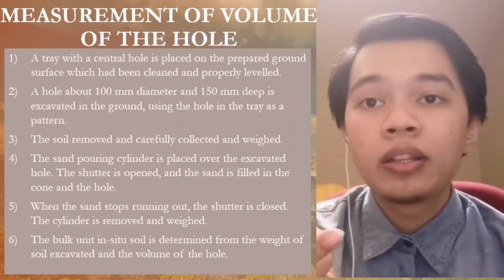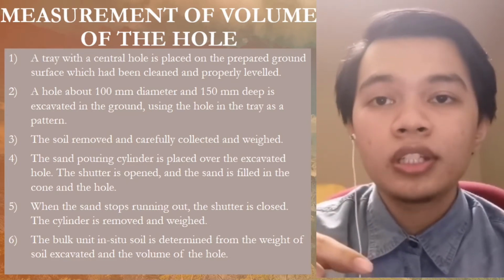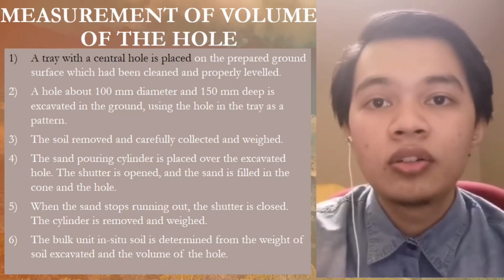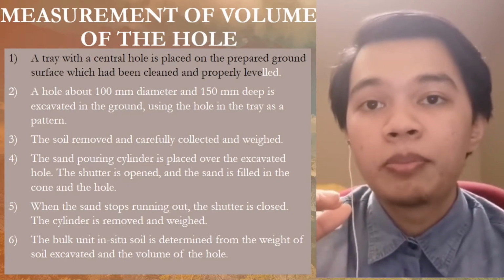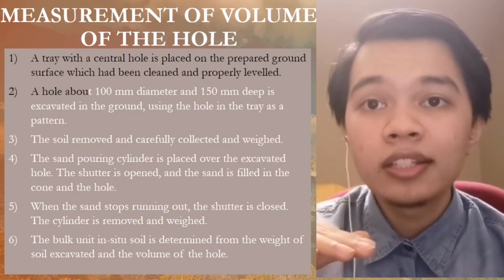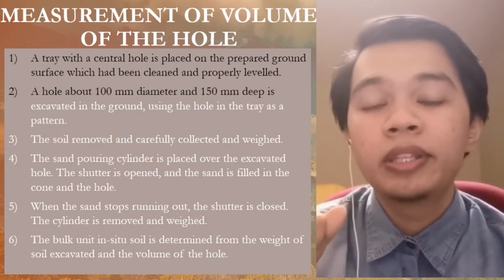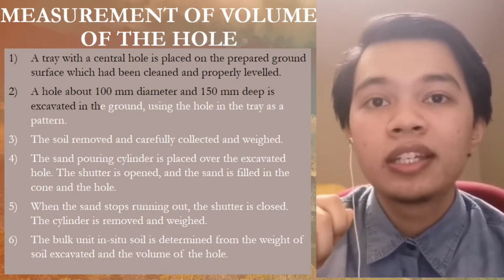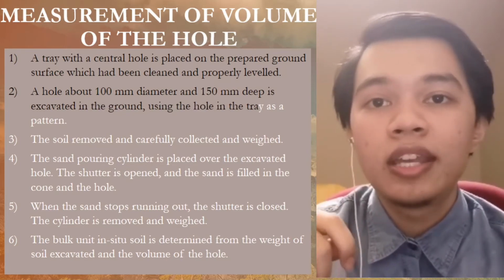Okay, part 2 is measurement of the volume of the hole. First, a tray with a center hole is placed on the prepared ground surface, which is clean and properly leveled. Next, a hole about 100 mm in diameter and 150 mm deep is excavated in the ground using the hole in the tray as a pattern.